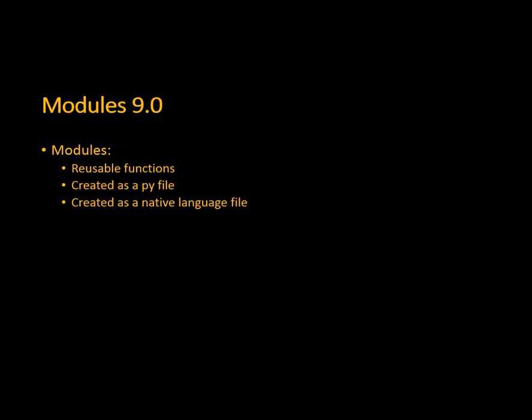Another way to do it is to create it in a native language, C, C sharp, some derivative of that, is another option for us, but that can provide some problems when we start to go cross-platform with the scripts and the libraries that we create.